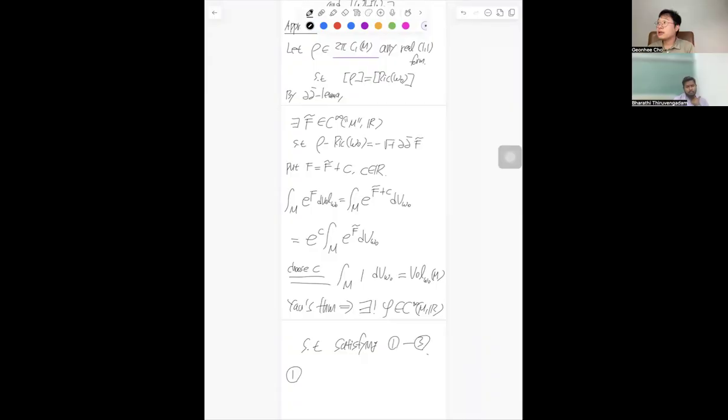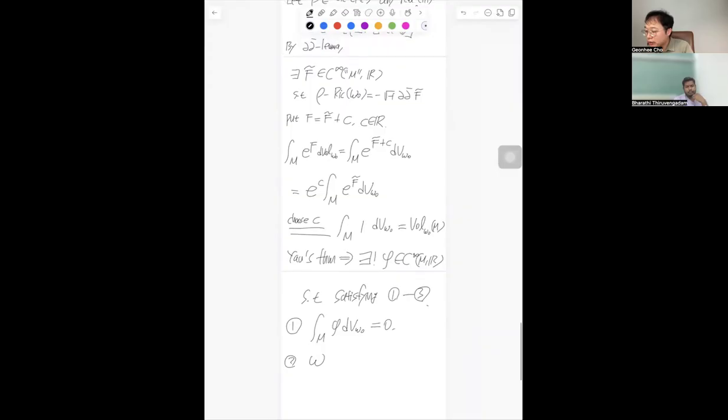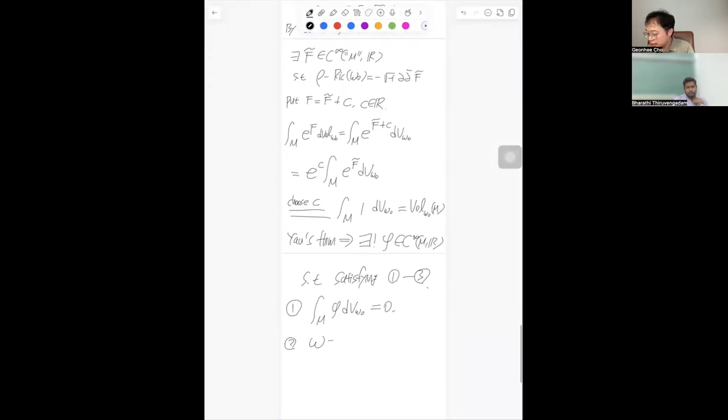Number one, if you take the integral, this is 0. Second condition, if you write this out, this is the omega we'd like to find. This is realized as omega naught plus i partial partial-bar of this phi. So this is a desired Kähler metric we'd like to find.